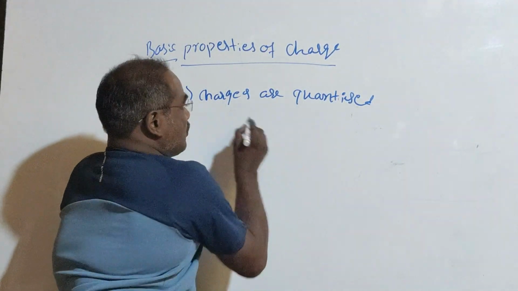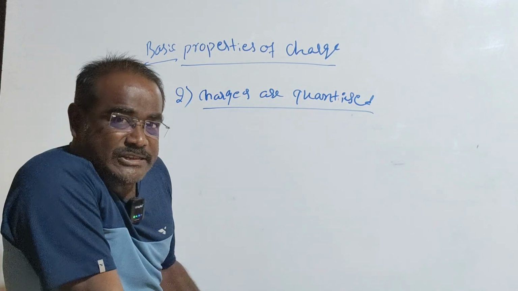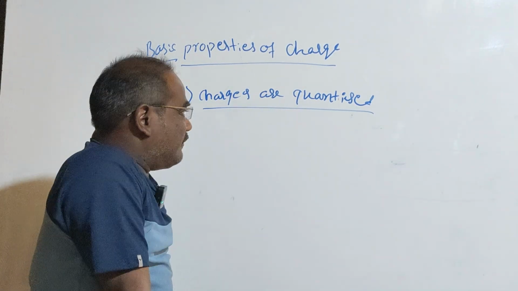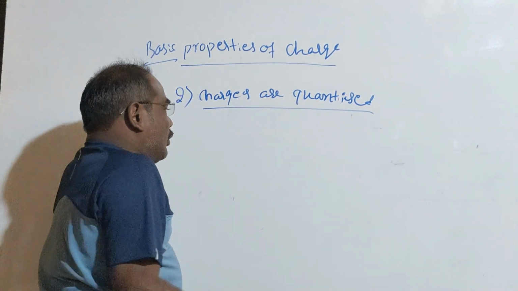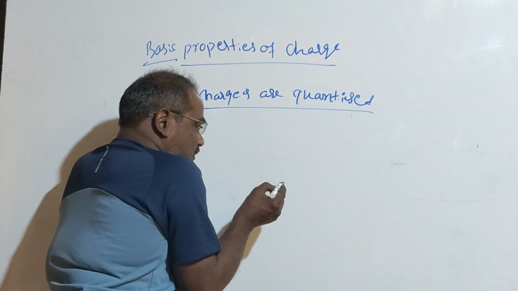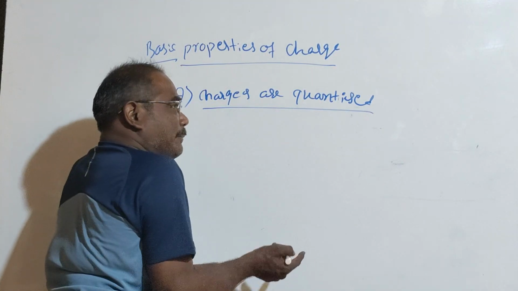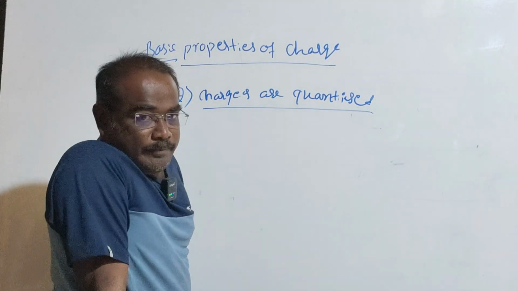Charges are quantized. It means what? The free charge on a body is always an integral multiple of e. Again, I am telling, the free charge is always an integral multiple of the basic charge of the electron.